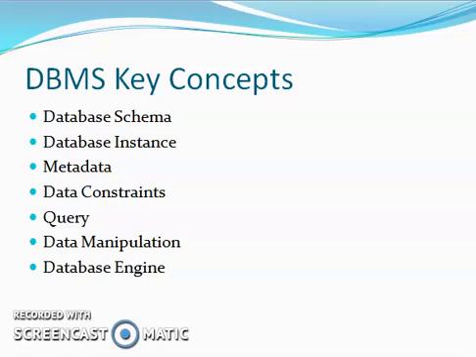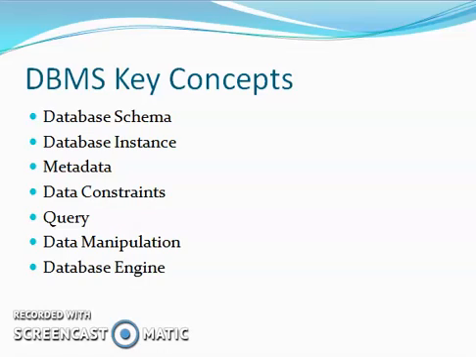Next one is database instance. Database instance is a related term to database schema. A database schema is a sketch of a planned database. It does not actually have any data in it.